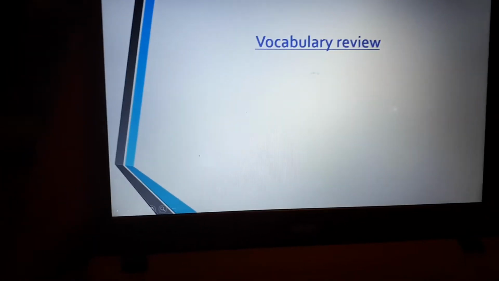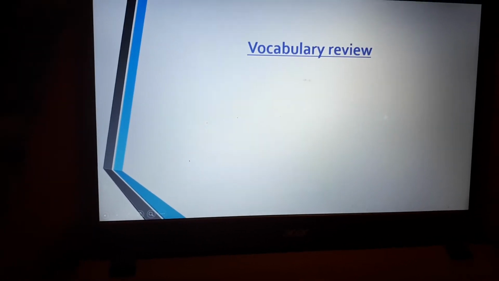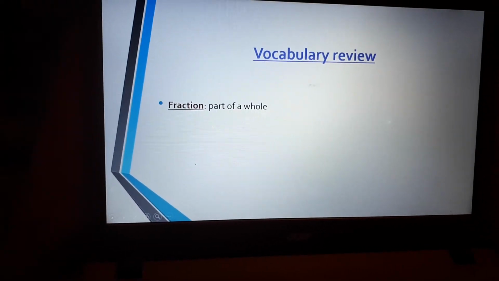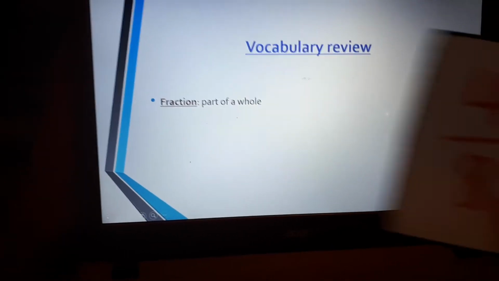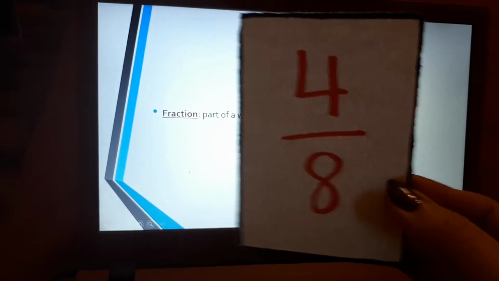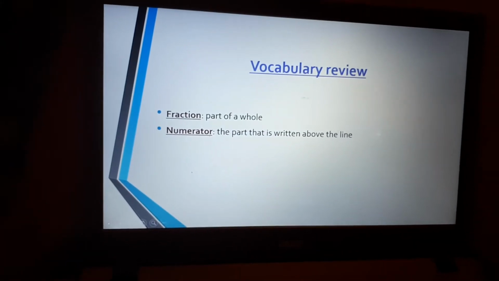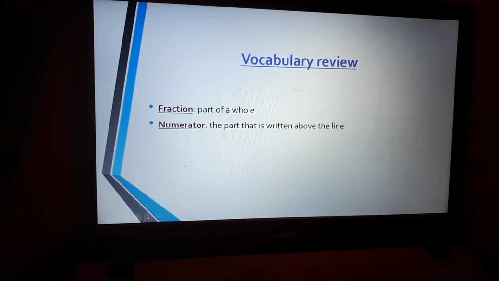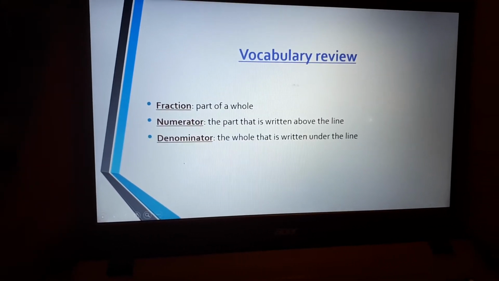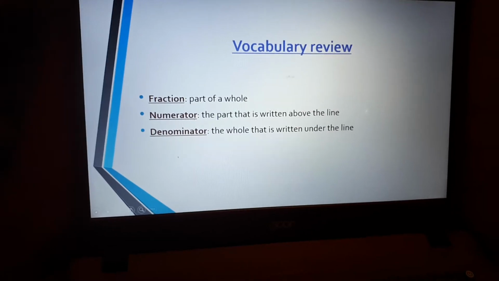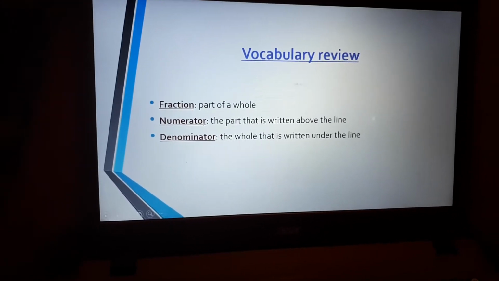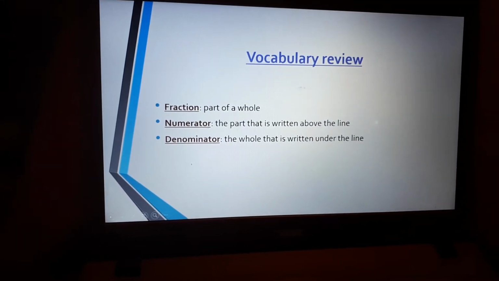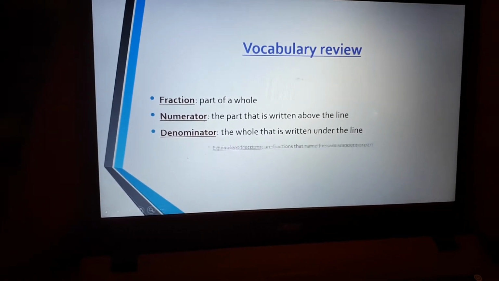Let's review the vocabulary words that we took last lesson. Fraction is part of the whole, like this one. This one is a fraction. Numerator, the part that is written above the line, which is on the top. Denominator, the whole that is written under the line, which is on the bottom.